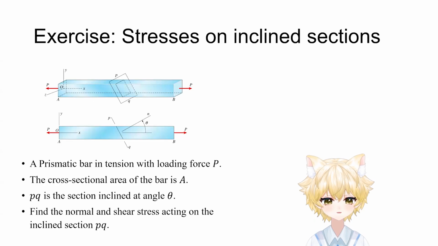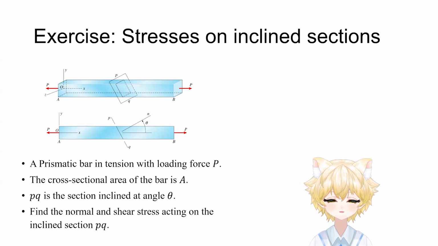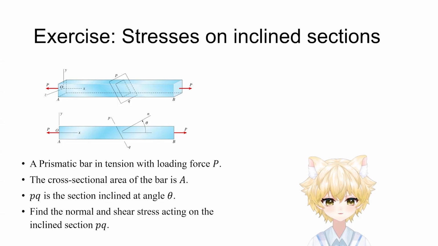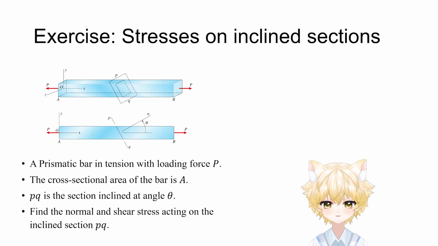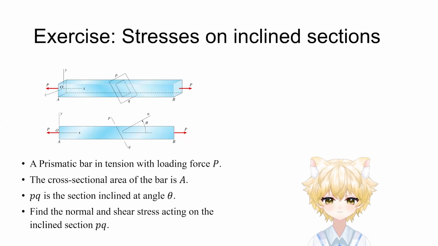And there's another quantity, which is area. If the cross-section is inclined, it's not perpendicular to the axial direction, so we need a new area. We cannot use the cross-sectional area directly. We need these two quantities to find the stress. So take some time.